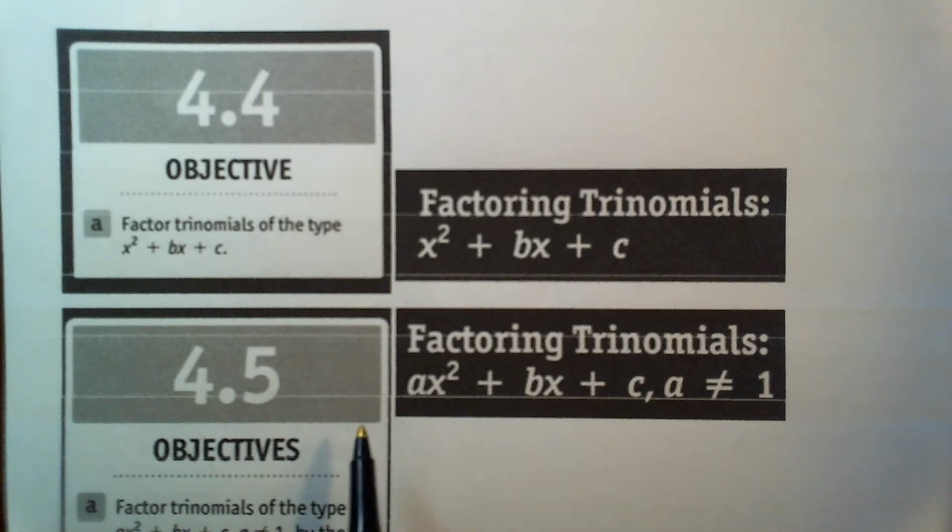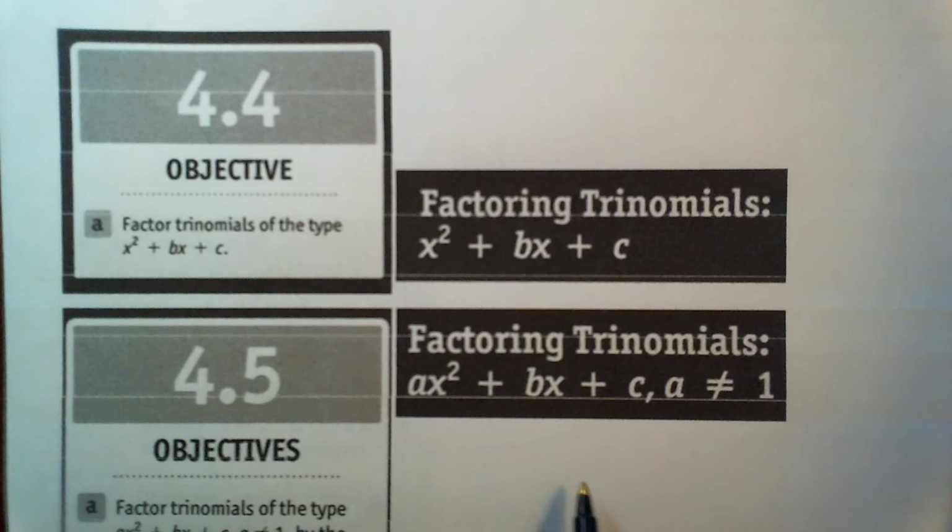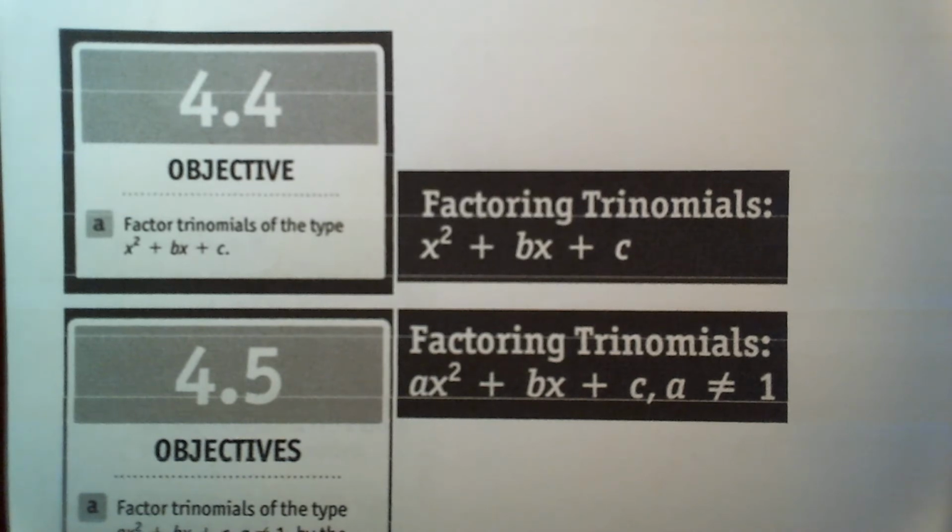Section 4.5 is about factoring trinomials ax squared plus bx plus c with a not equal to 1. In my experience, if I can just teach you what's in section 4.5, when the leading coefficient is not equal to 1, obviously you can factor trinomials when the leading coefficient is equal to 1, as you will see.